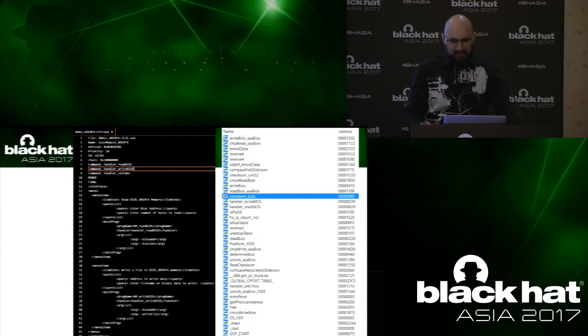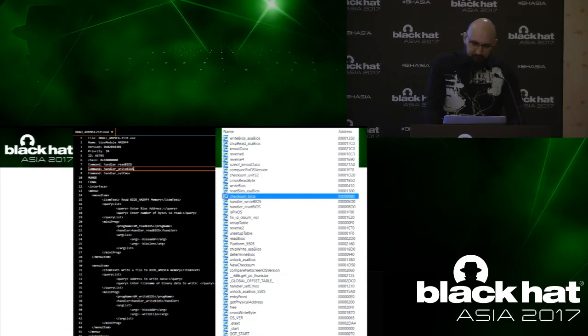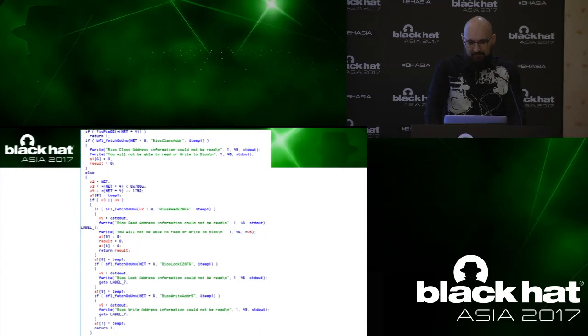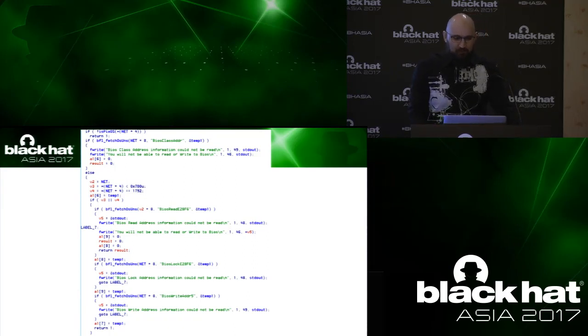On the left side, you can see some names of the functions, because this BIOS update does not clean the real names of the functions, and you can see names related to the BIOS. If we decompile the function which delivers the BIOS infection, you can see a lot of comments which point us to the idea of how it works.